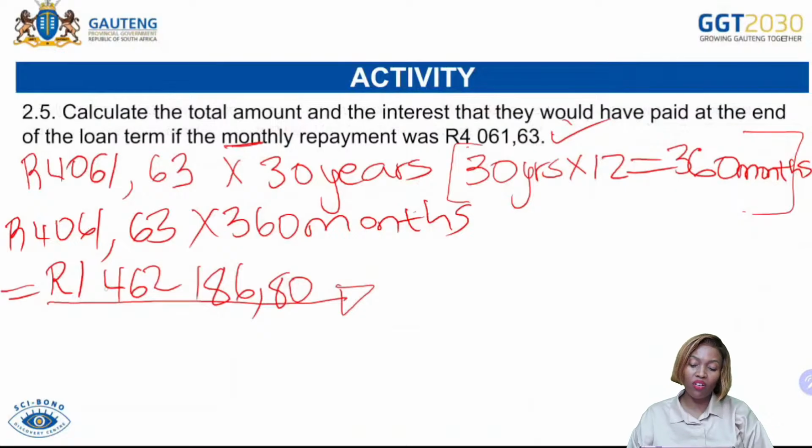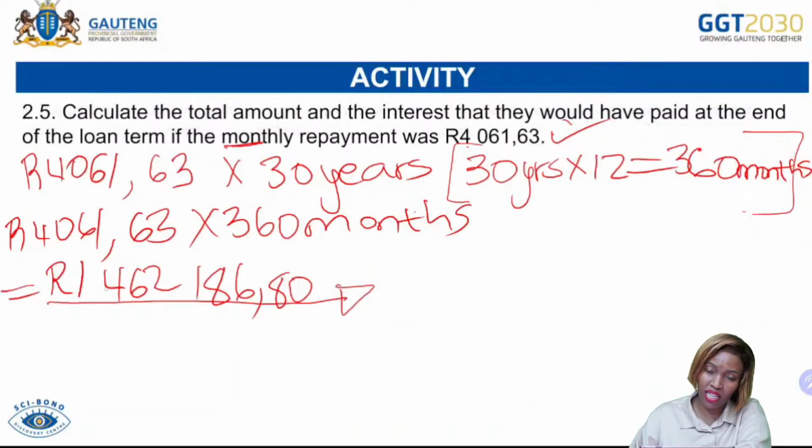So they are paying almost 1 million extra. Like the profit is 1 million. But unfortunately, this is the game. This is how home loans work. The period is very long, 20, 30 years. But when you calculate the interest, that's when you see that I could have bought 3 houses with this money that I'm paying back, including the interest.